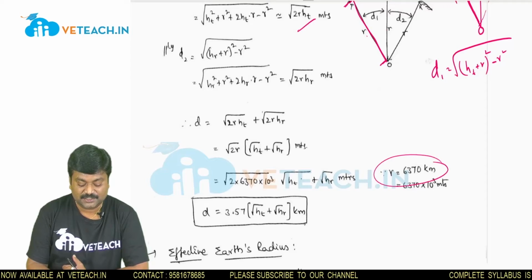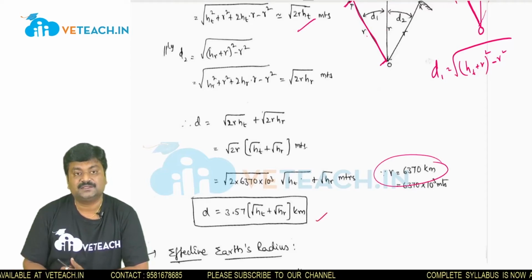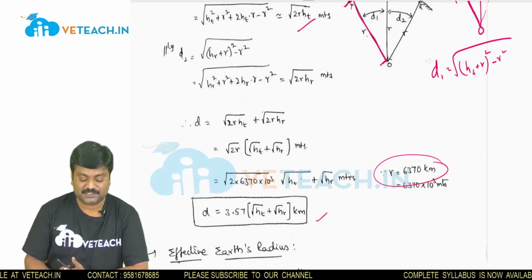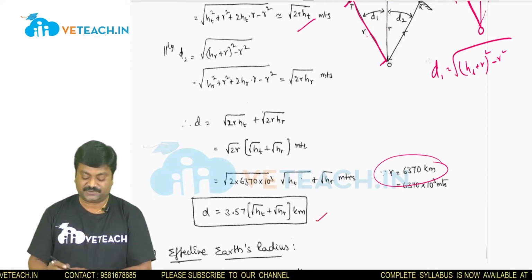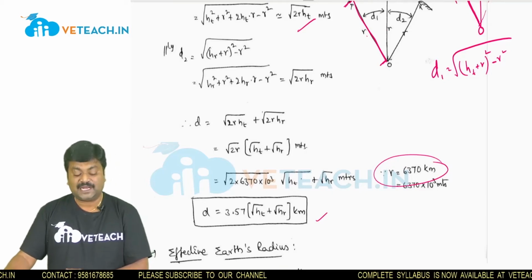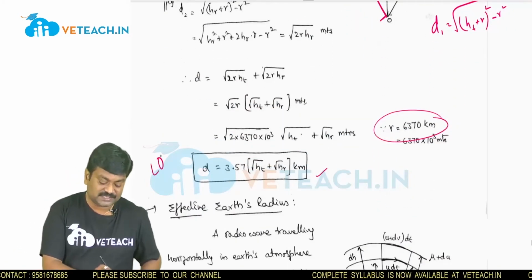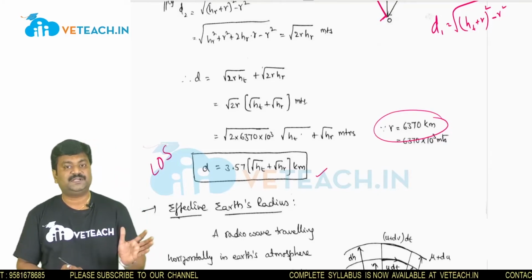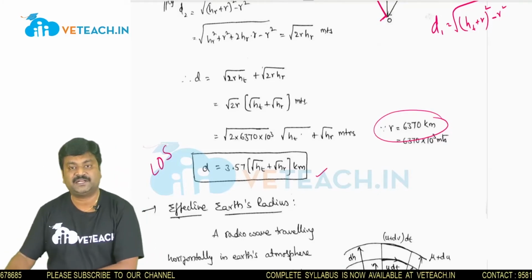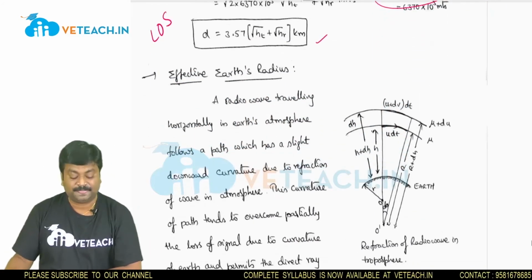So here the distance will be 3.57 into (square root of ht plus square root of hr), and this is the line of sight distance. Remember, this is the line of sight distance between the transmitting antenna and the receiving antenna.